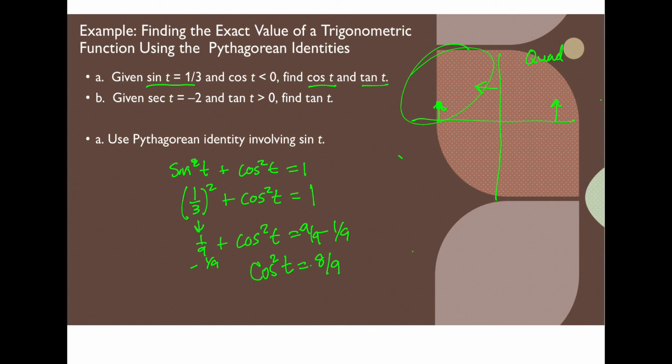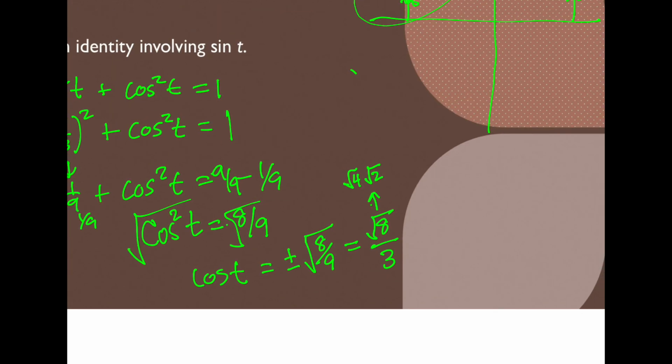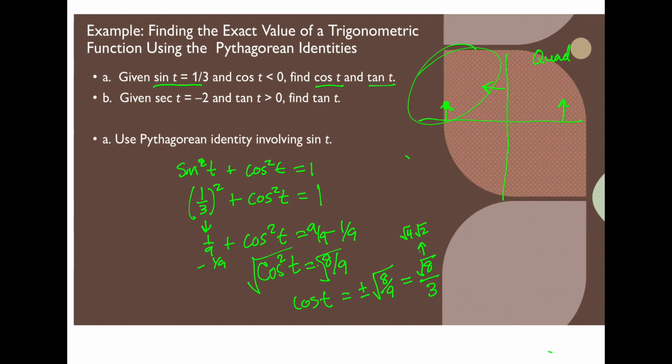Let's solve this for t then. I'm going to take the square root of both sides. Cosine of t then is equal to the positive and negative square root of 8/9, where the square root of 9 is 3, so I can write this as the square root of 8 over 3, and 8 can simplify. 8 is 4 times 2, so I can break up that square root of 8 as the square root of 4 times the square root of 2.